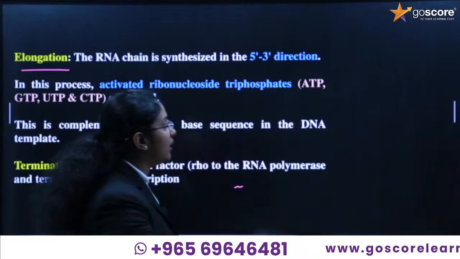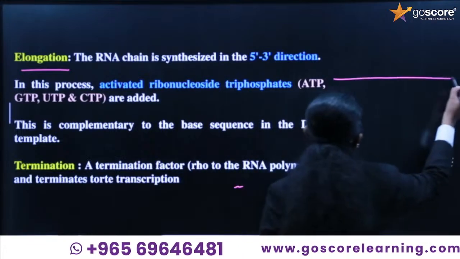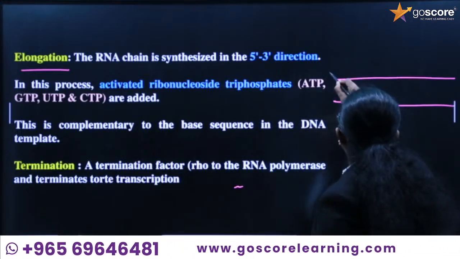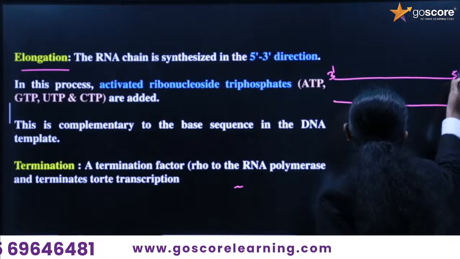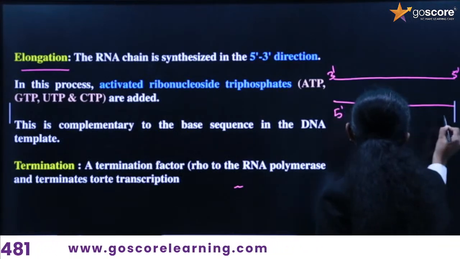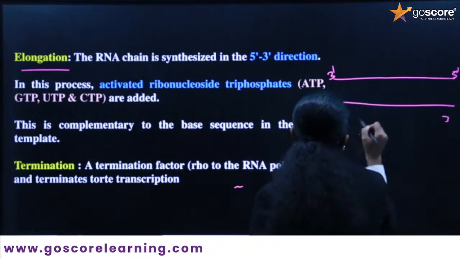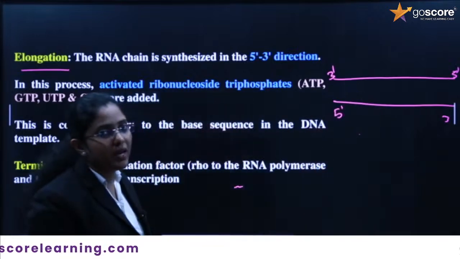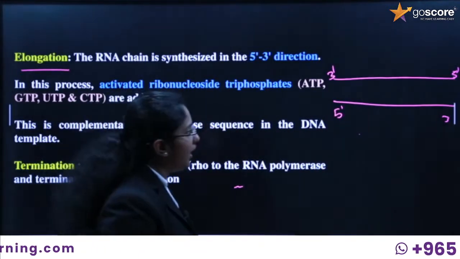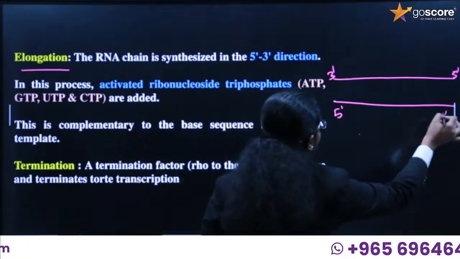Consider this as 3 prime 5 prime and this as 5 prime 3 prime. We have already said that the 3 prime 5 prime strand acts as the template strand and the 5 prime 3 prime strand acts as the coding strand.